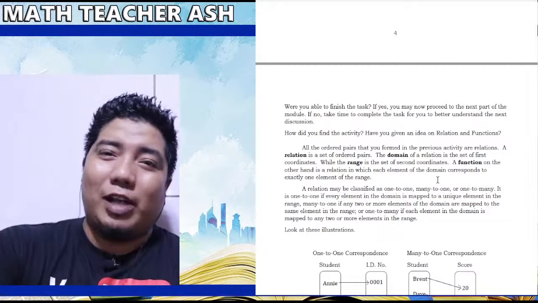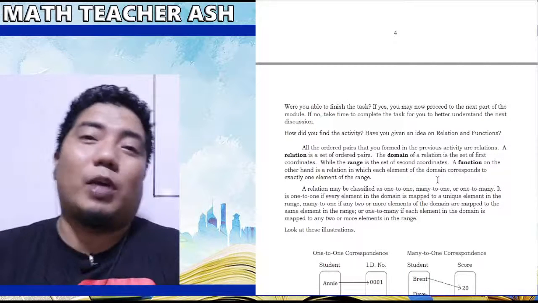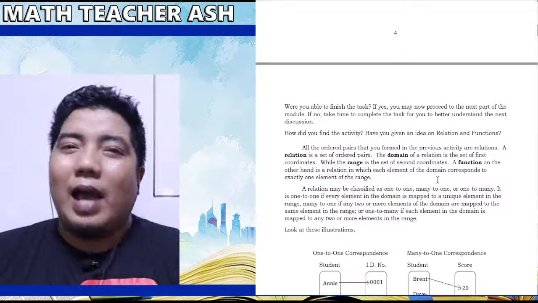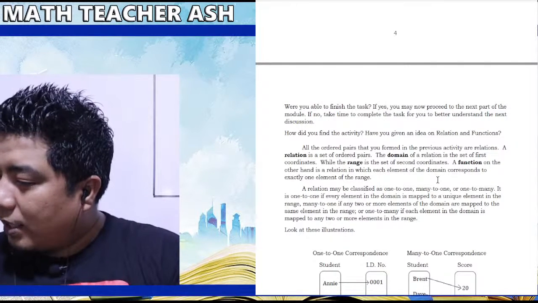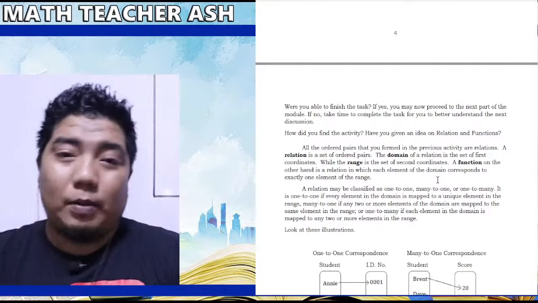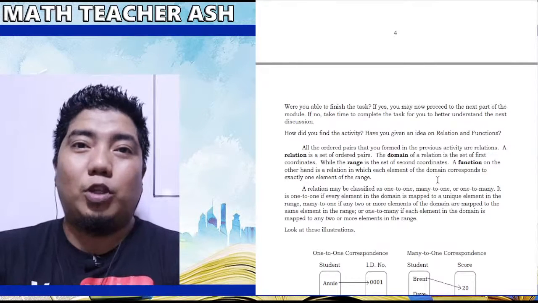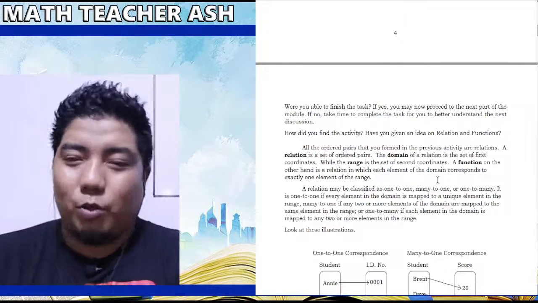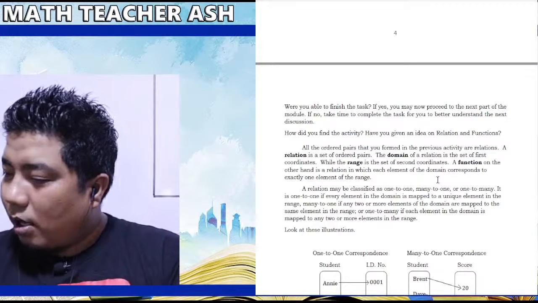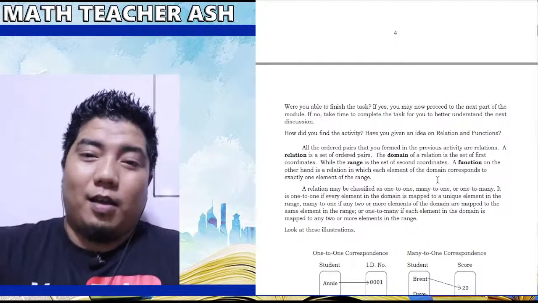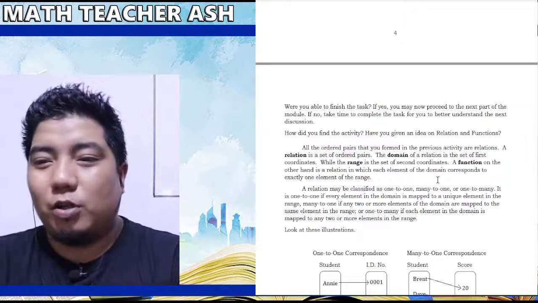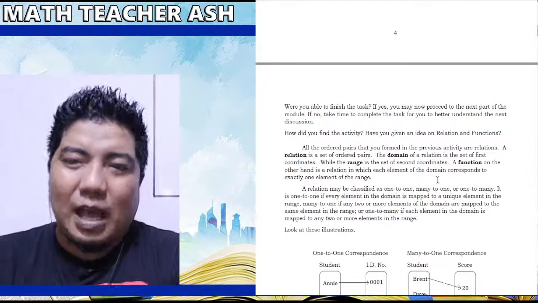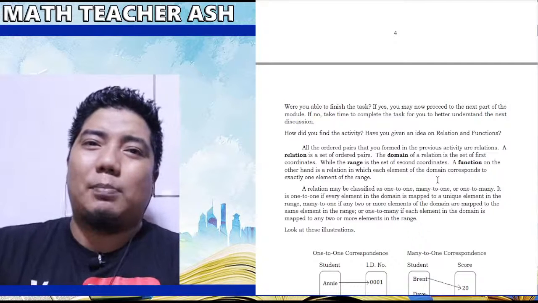Example, your teacher and you as the student, there is a relation. Example here right now, I as the discussant and you as the student or the viewer. So that is what we call relation.